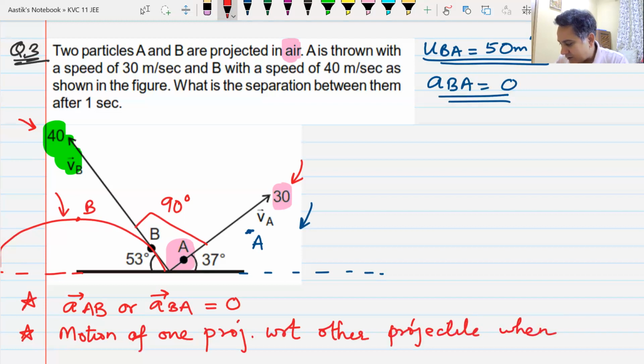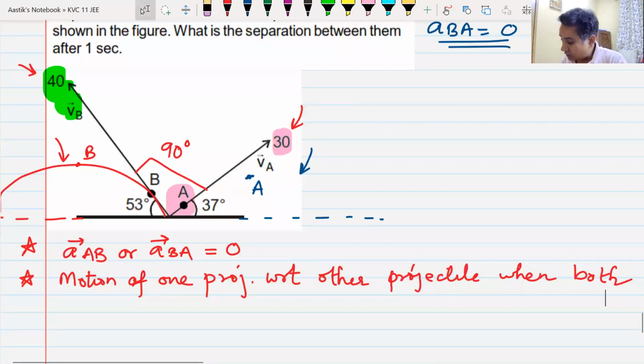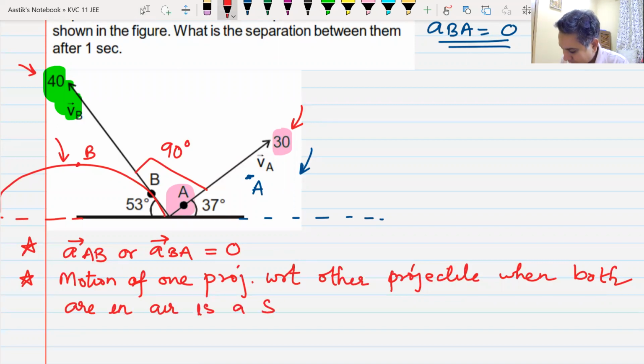When both are in air, to the other projectile, the first projectile will always look like moving in a straight line.